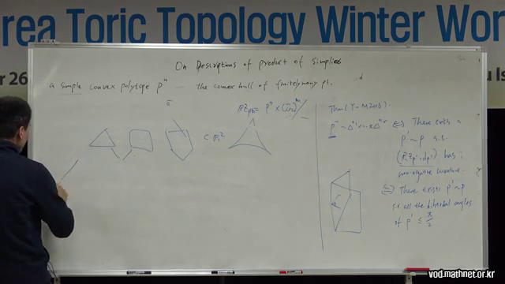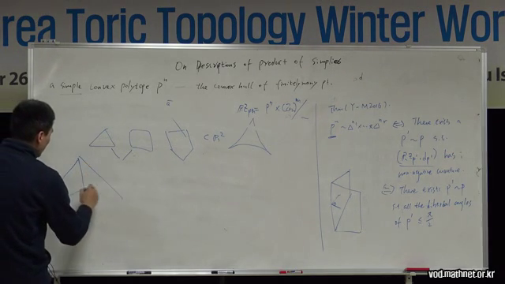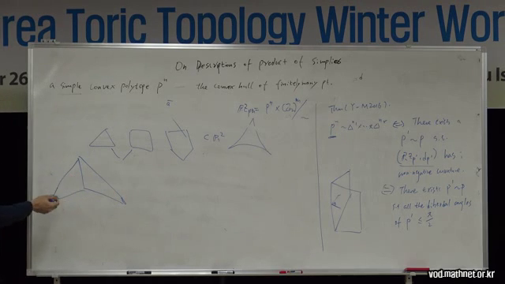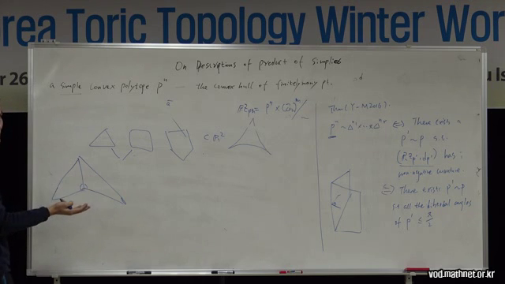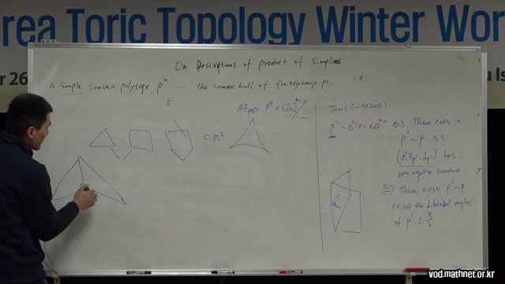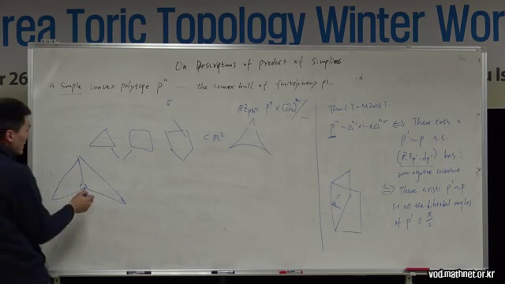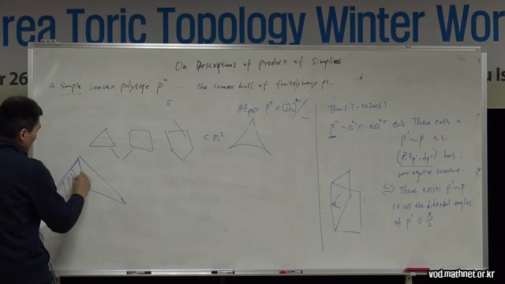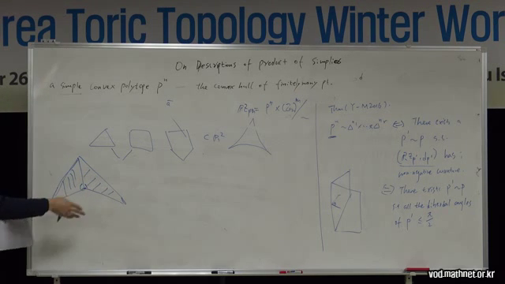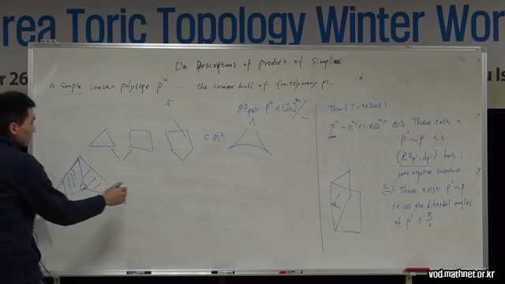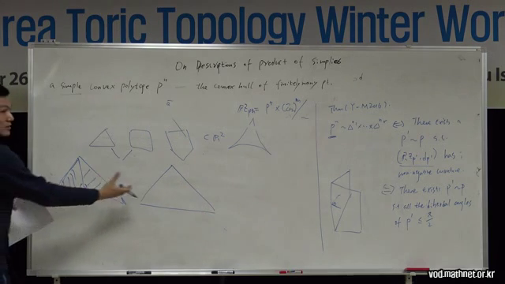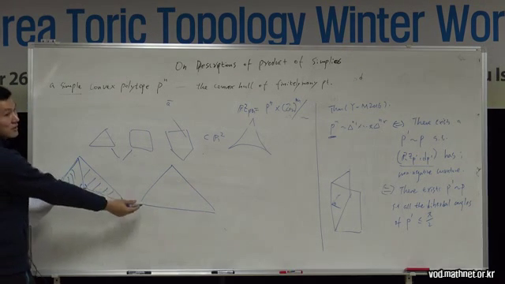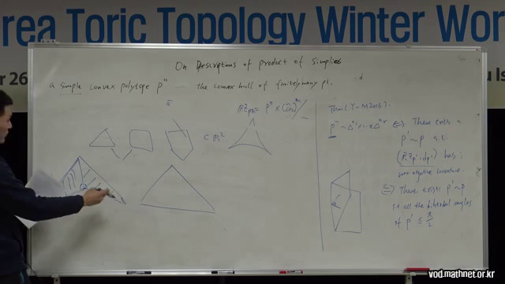So the idea is this. Suppose the angle is greater than pi over 2, then if you glue them together, locally around this point you will see that the quotient metric, if you draw the corresponding triangle on the plane, will be thinner than this one.